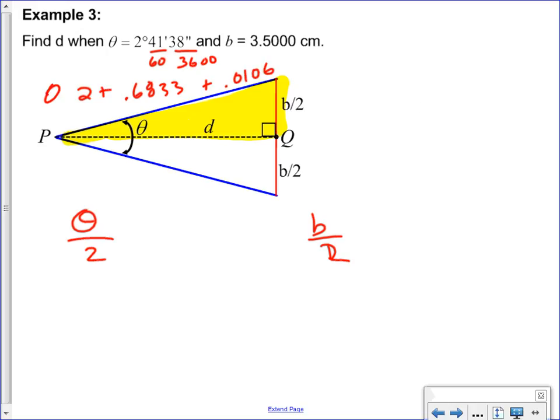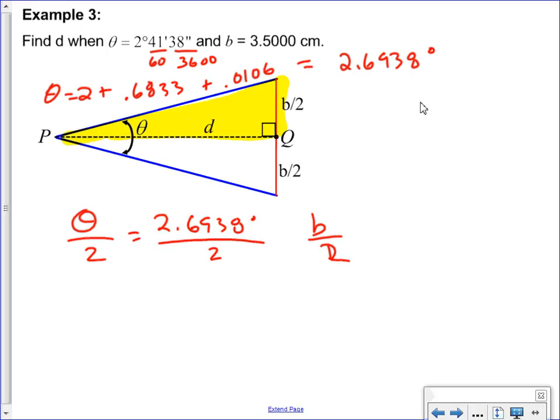Theta is 2.6938 degrees. So to find half of theta, you just do 2.6938 and then divide that by 2.